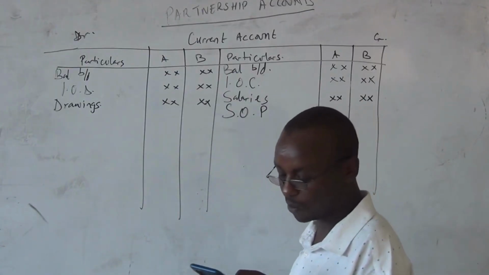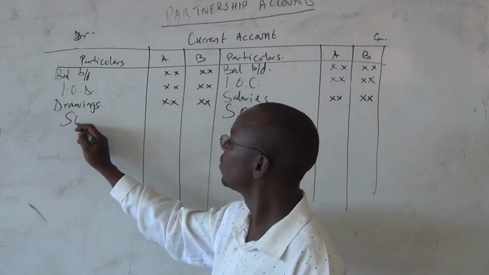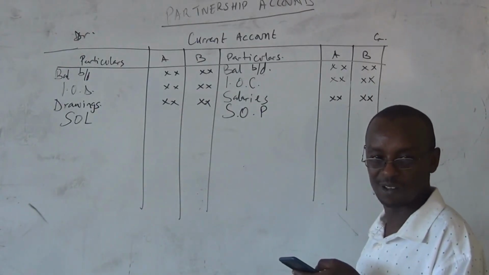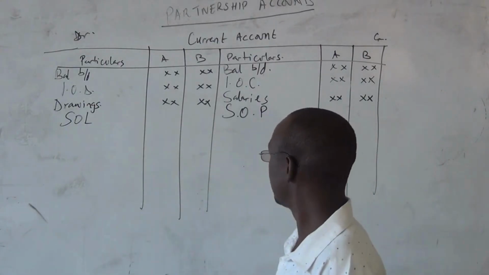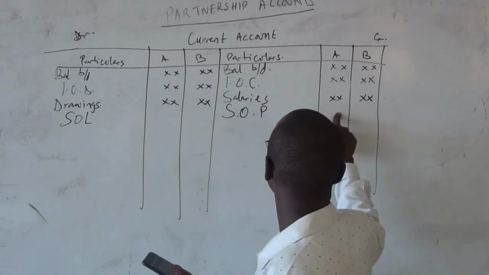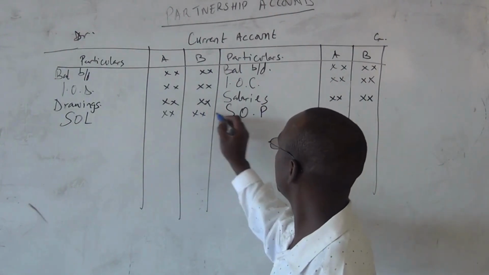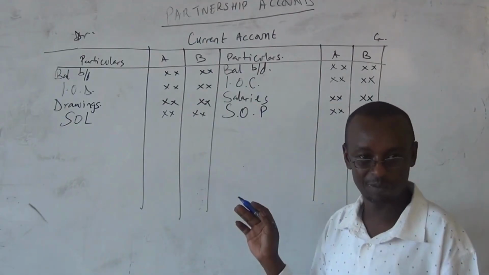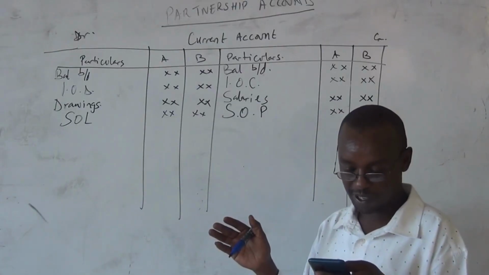Share of profit is put there, and if it is a loss, it is here. If the net profit was a net loss, we put it here. I prefer to put it in here. So you cannot get profit and loss at the same time. It will be either loss or profit.